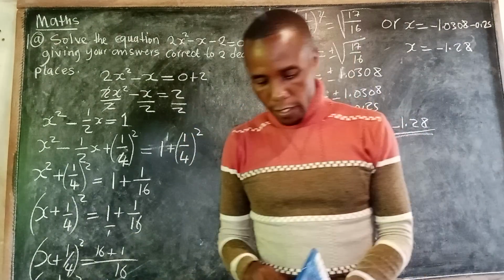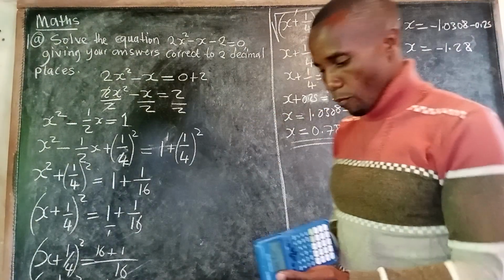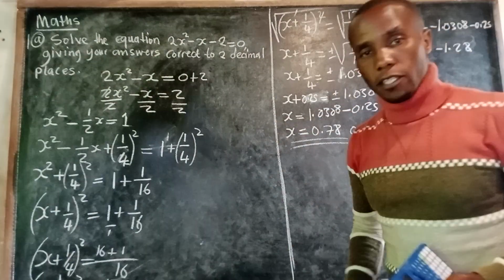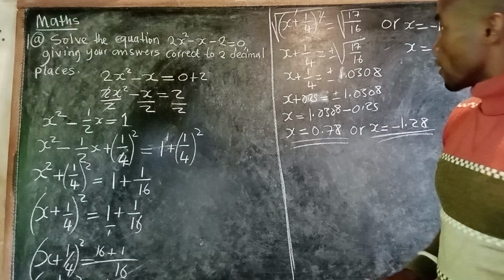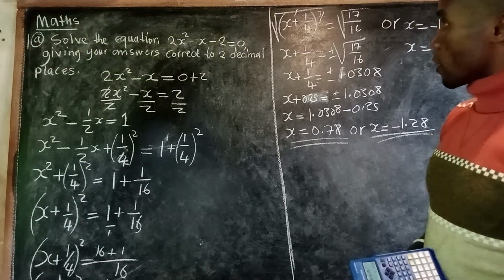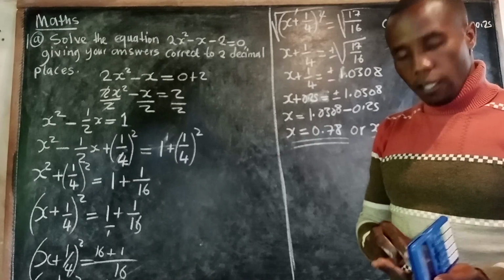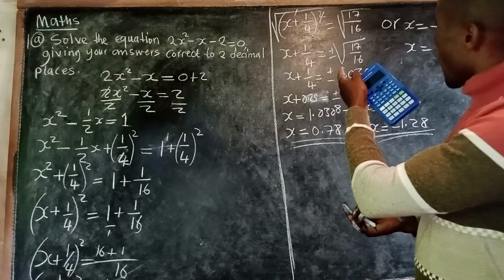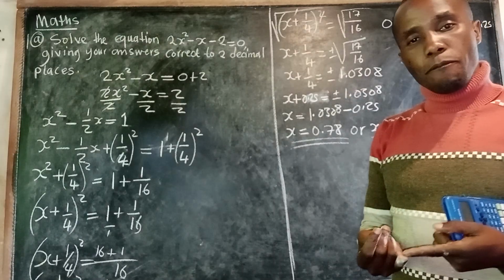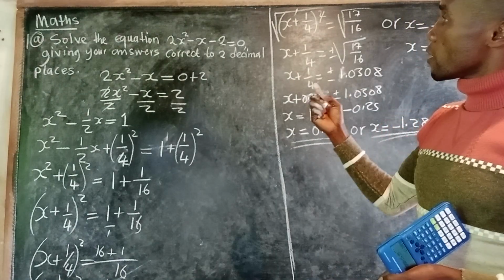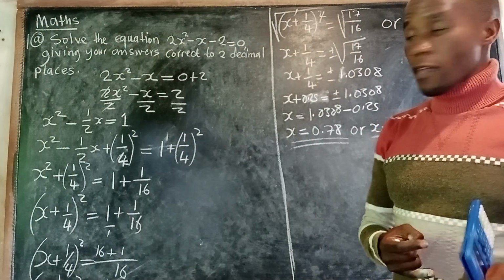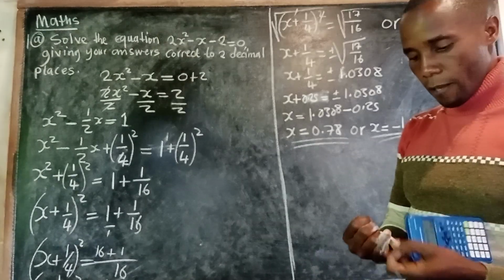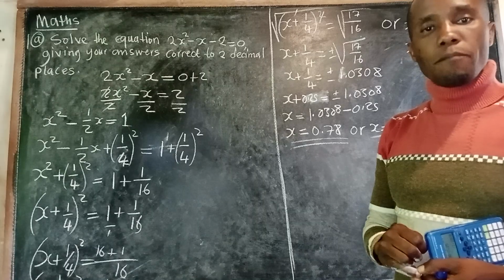So what it is here is that even if you use those other two methods, you still get the same answer. You use the formula method, you get the same answer. So now it's up to you to choose. What I can advise is that when you are working out this type of question, the best methods are either the completing the square method, the one that I've just shown you, or the formula method.